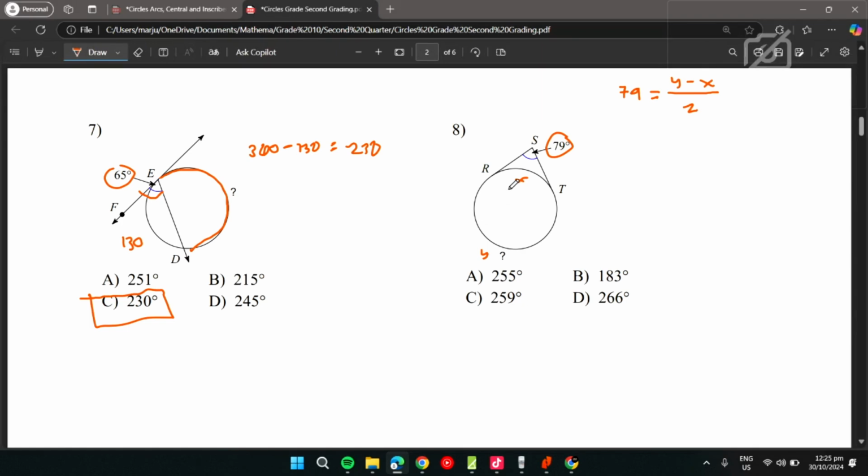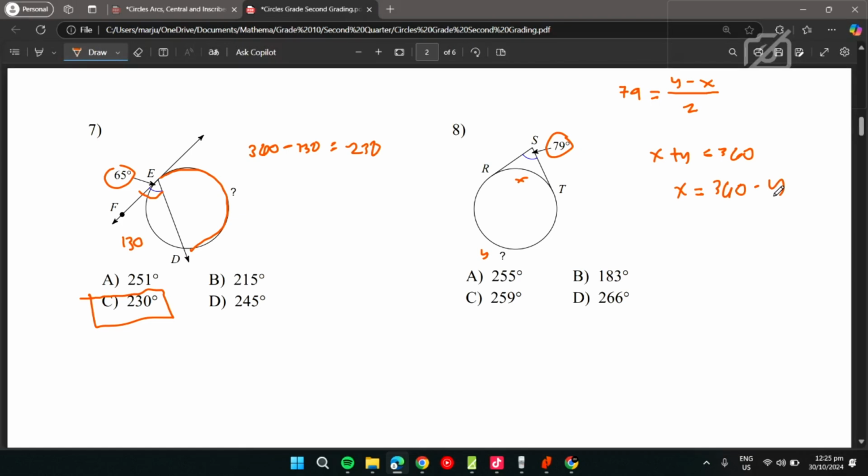And then, since alam natin na yung sum ng X and Y is 360, because that is the entire circle, and we are looking for Y, let me just express this in terms of X na lang. So X is equal to 360 minus Y.